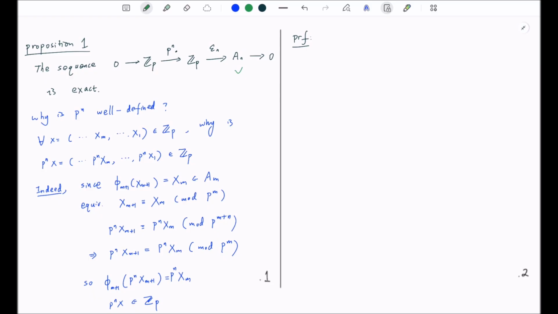Now it suffices to verify that it is exact here and exact here. First, we're going to show the multiplication by p is injective as a map from Z_p to Z_p. And then as a consequence, because p^n can be viewed as the nth iteration of the multiplication by p, the multiplication by p^n is also injective.